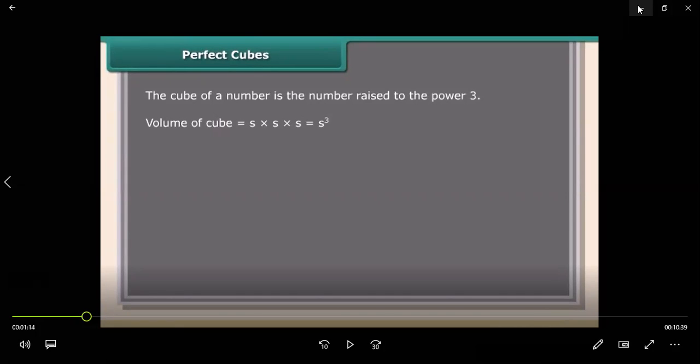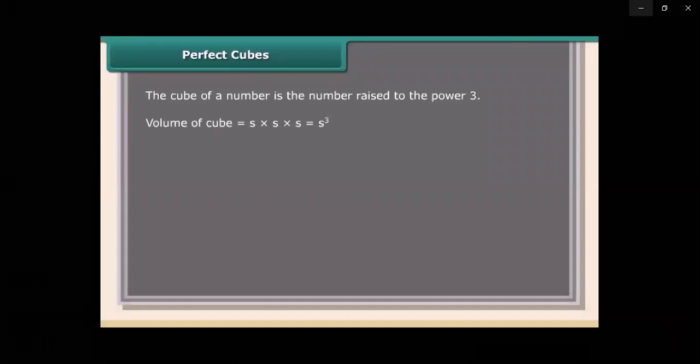For example, we have a cubical box or cubical dice whose length of each side is 5 centimeters. In that case, the volume of that dice or cubical box will be equal to 125 centimeters cube, or whatever unit we are taking over there. So the volume of a cube is s to the power 3, where s is the length of the side of the cube.